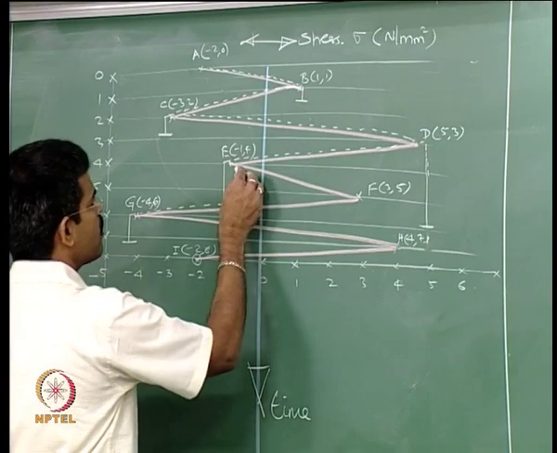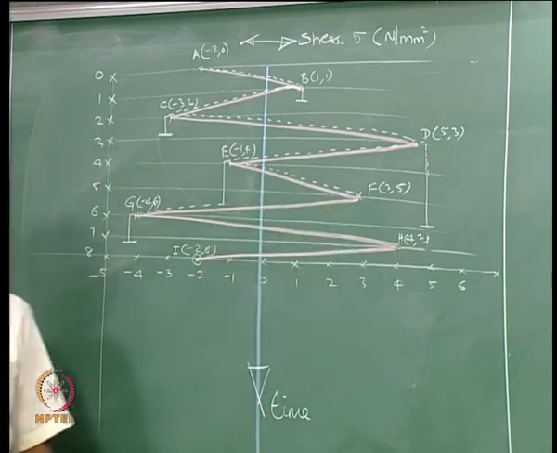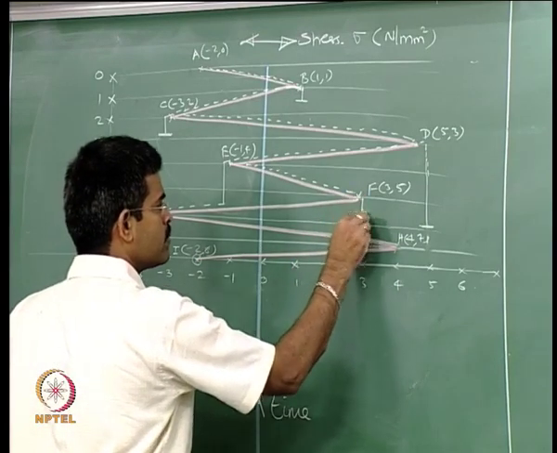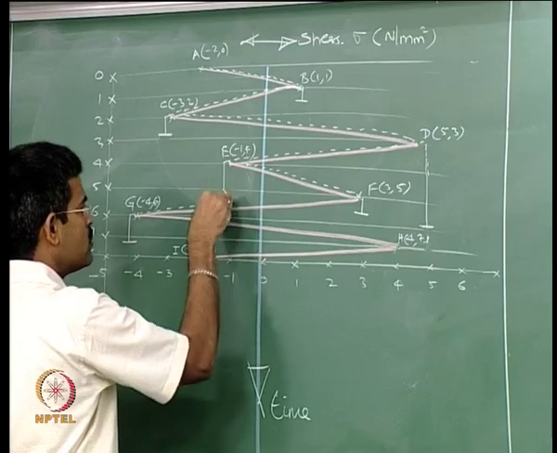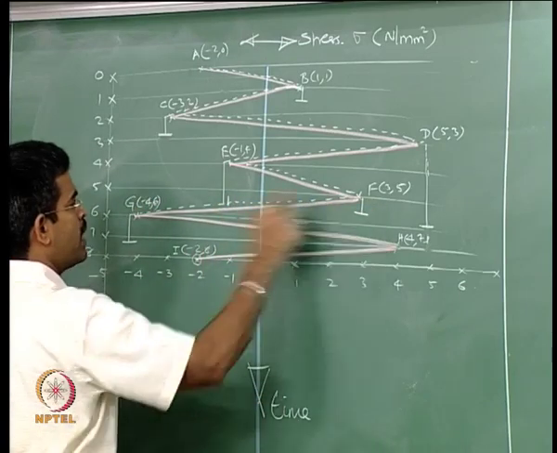So there can be a path from E to F, which falls here, and now it moves from F and comes to this point.